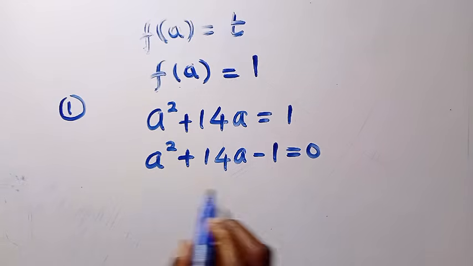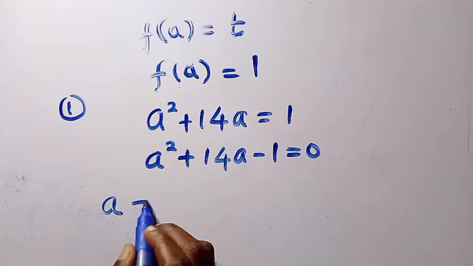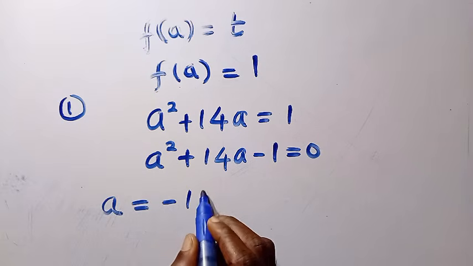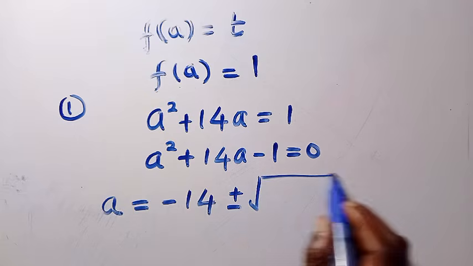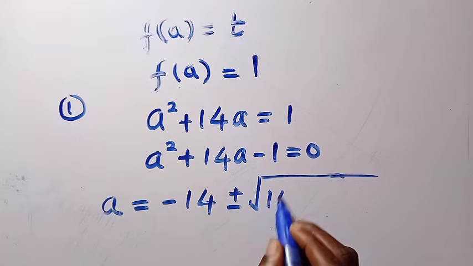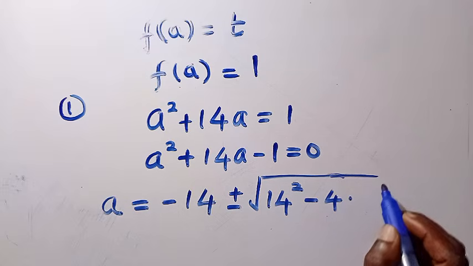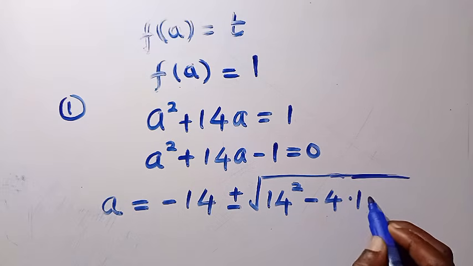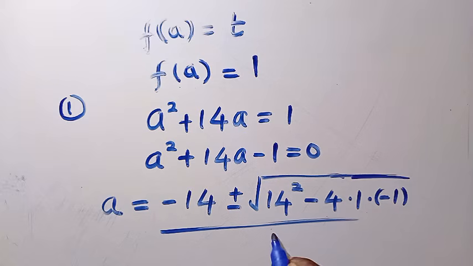So we solve this by quadratic formula. We are looking for a. So a will be equals minus 14 plus or minus the square root of 14 squared minus 4 multiplied by 1 multiplied by minus 1, all divided by 2.